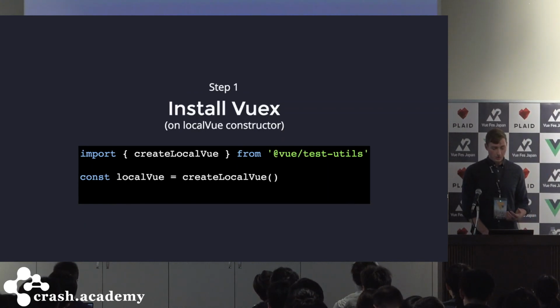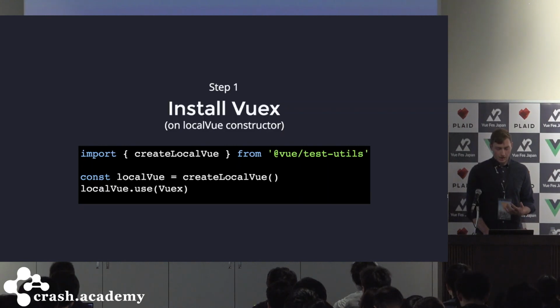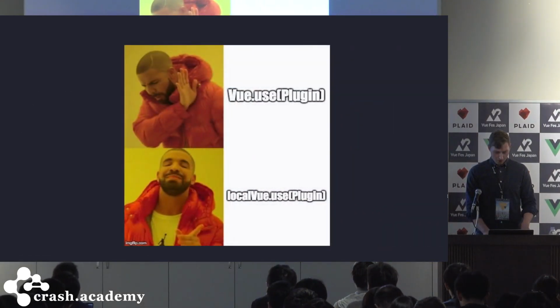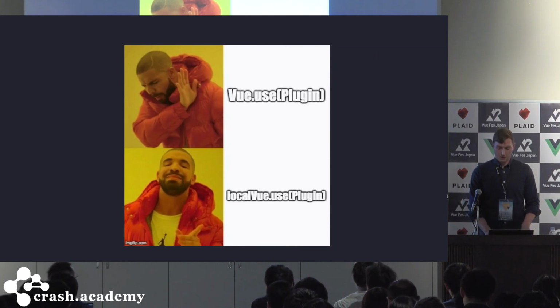You can create a local Vue constructor using the create local Vue method from Vue Test Utils. And once you have that local Vue constructor, you can just use it like the normal Vue constructor. So we just call use with the Vuex. So don't use plugin, use local Vue use plugin.